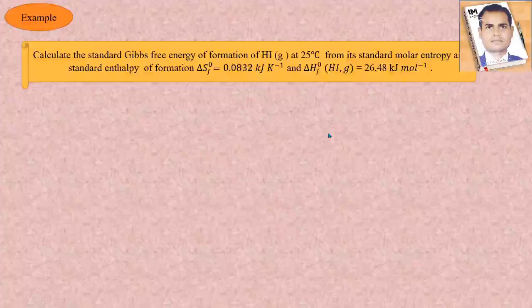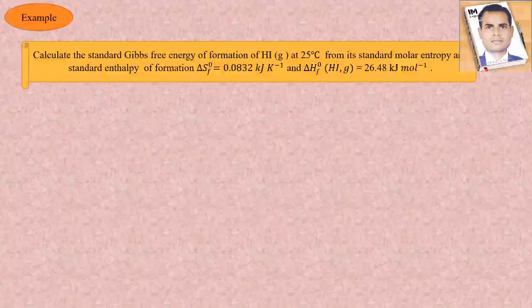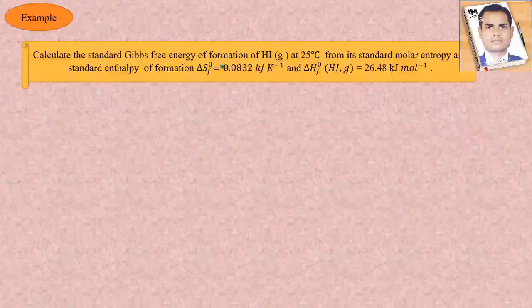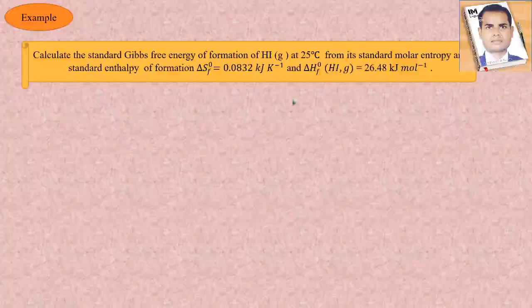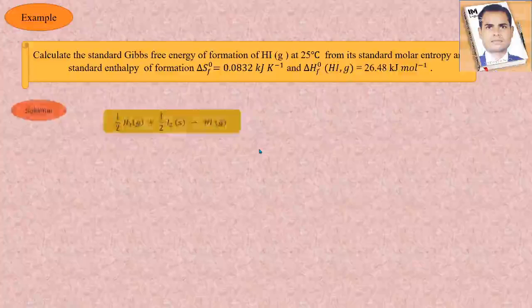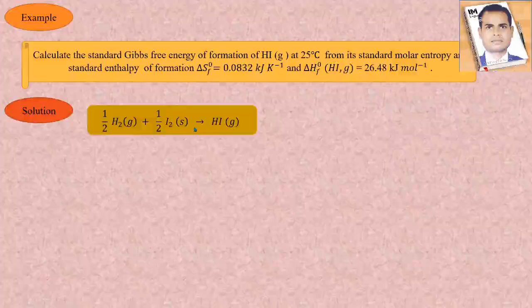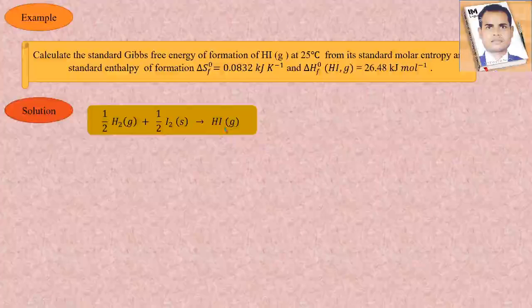Now the solution. We have to calculate the standard Gibbs free energy of HI at 25 degrees Celsius. The reaction is half H2 in gas plus half I2 in solid, giving HI in gas form.